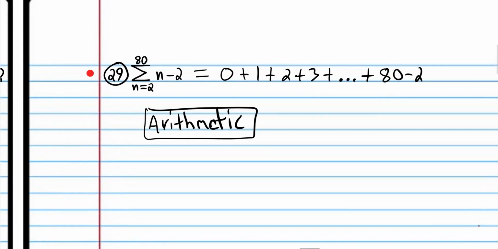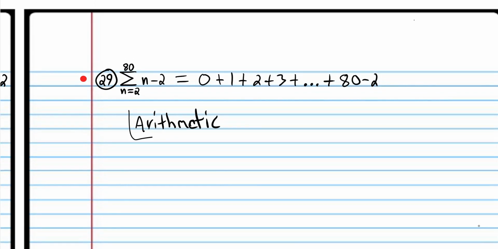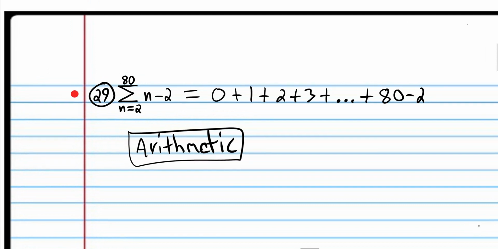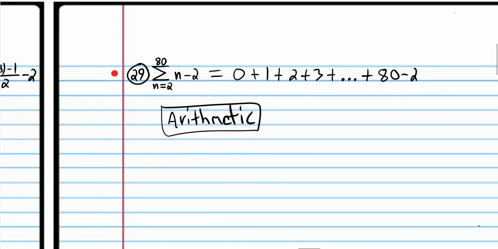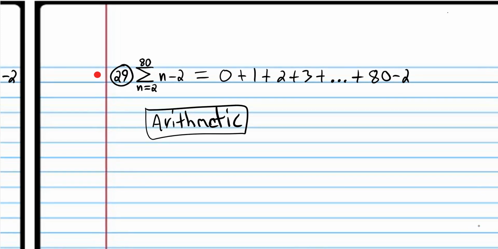If 0 is the first term and n were equal to 1, then we'd have 80 terms that we're adding. Okay, but the problem is n is not equal to 1, n is equal to 2 in the lower bound. So if n is equal to 1, we're adding 80 terms, but if n is equal to 2, then we're actually adding 79 terms.